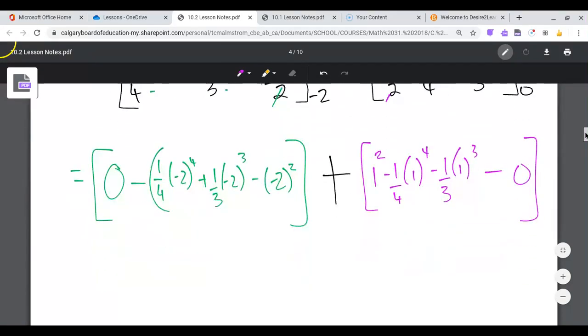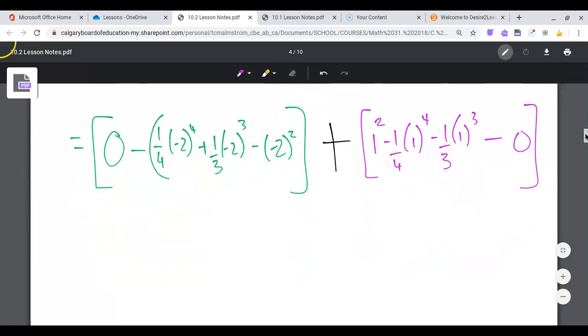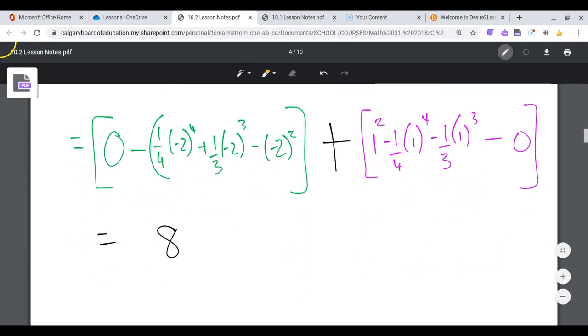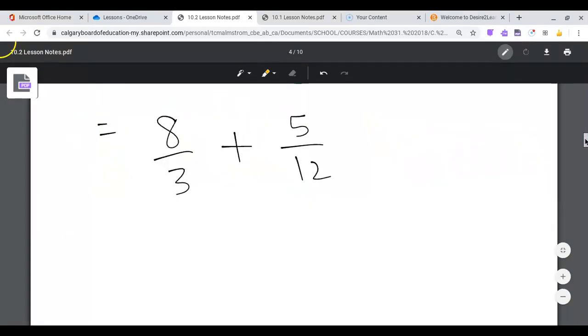So what do we get? For the first region, when we put that in very carefully to our calculator, we get that that's equal to 8/3. And then the second region, when we're very careful to put that in, we get 5/12. And then when we add that all together with common denominator, we get 37/12 units squared.